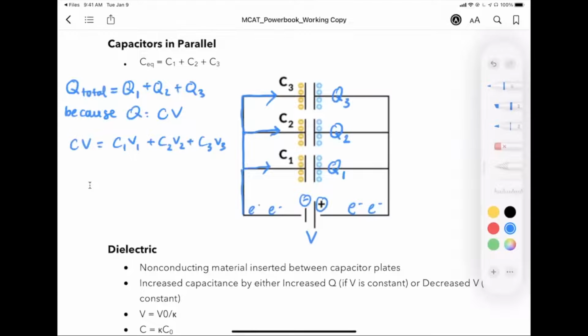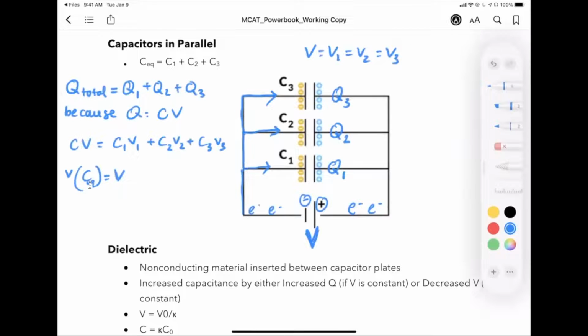But now, I said earlier that the total voltage is the same for capacitors in parallel. So I can factor out a V here, because V is equal to V1 is equal to V2 is equal to V3, I can put all of that as V, right? Because they're all equal to each other.